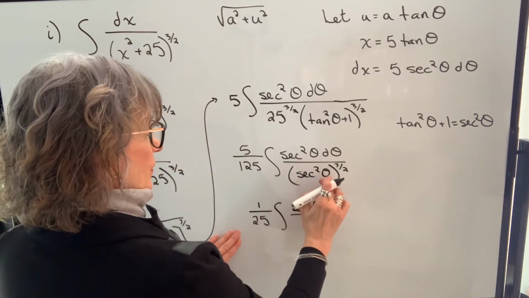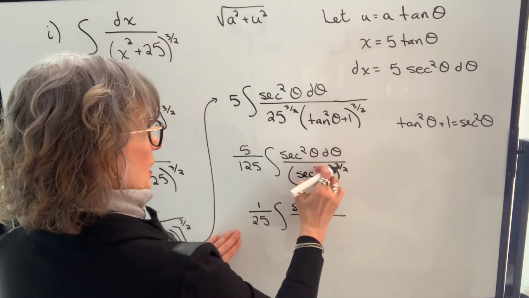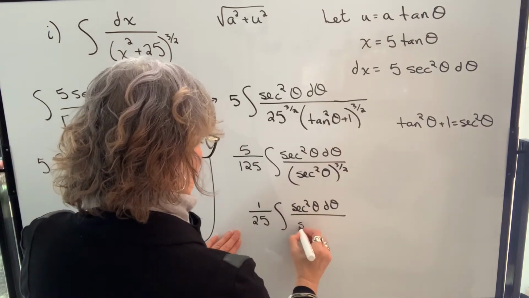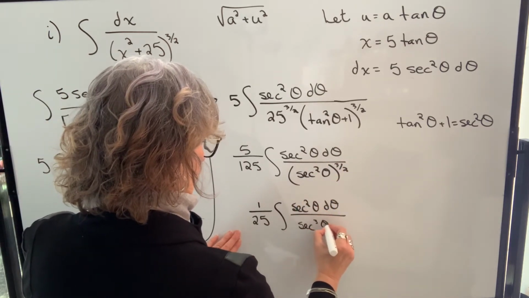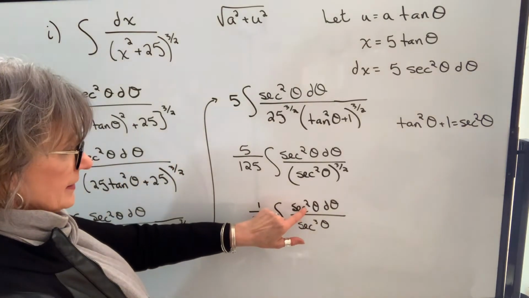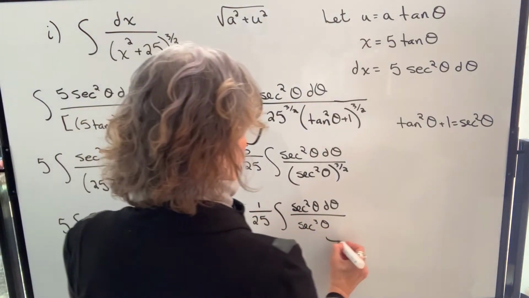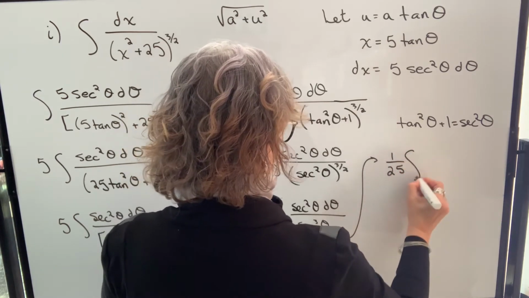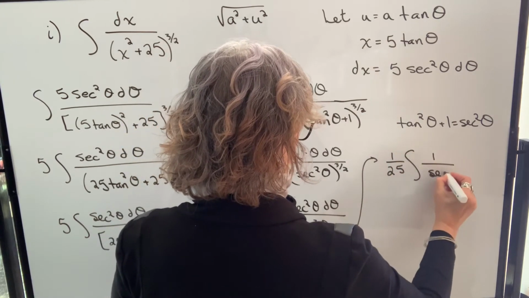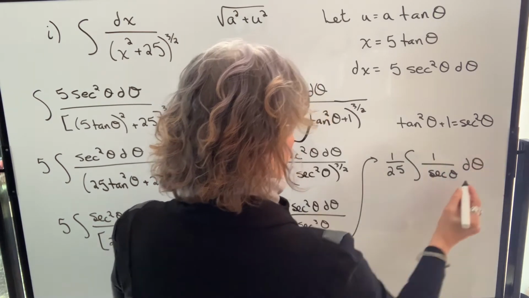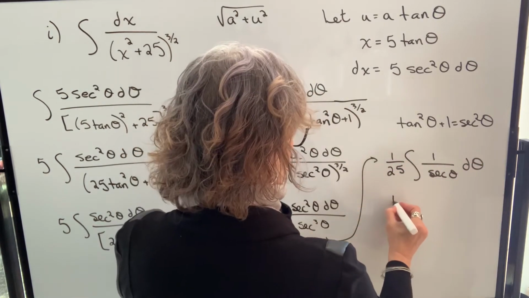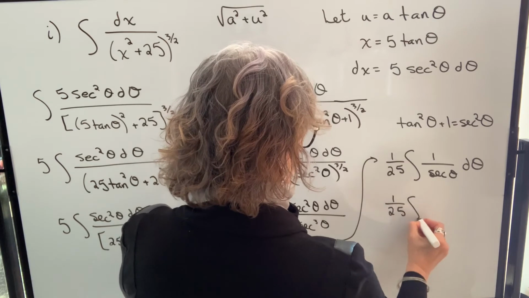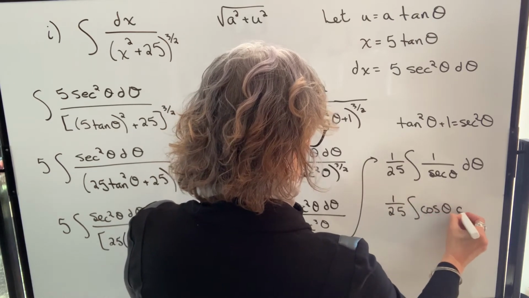When I have secant squared theta to the power of 3/2, I multiply my exponents, and that will give me secant cubed theta. And I can cancel a secant squared theta out of numerator and denominator. And I can express 1 over secant theta as cosine theta.